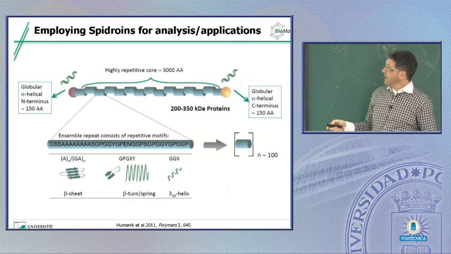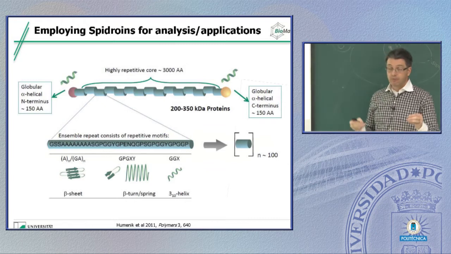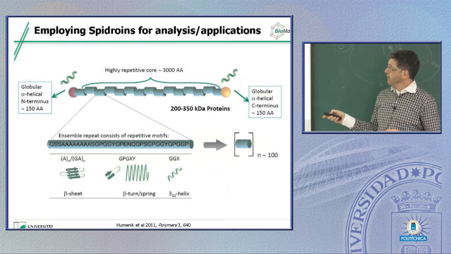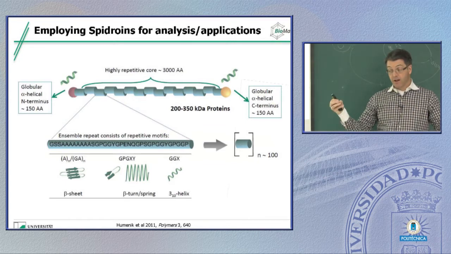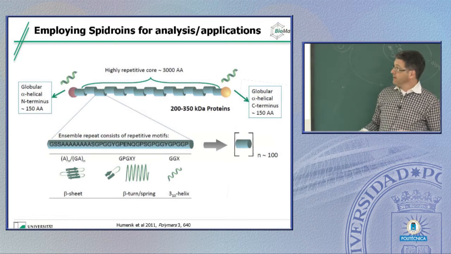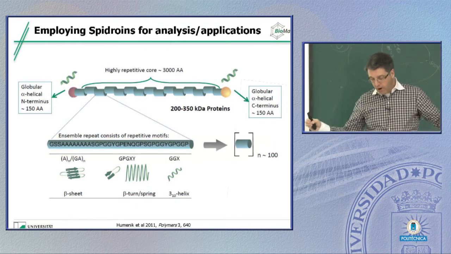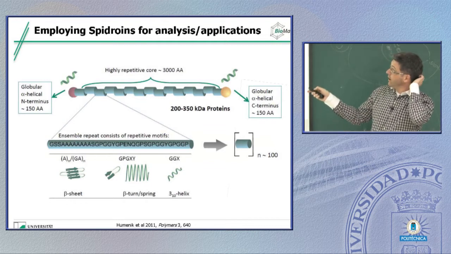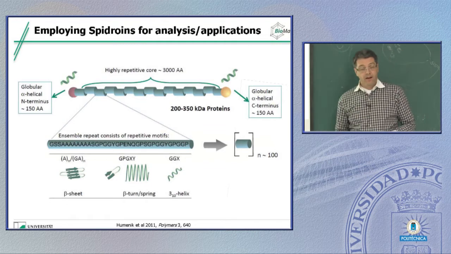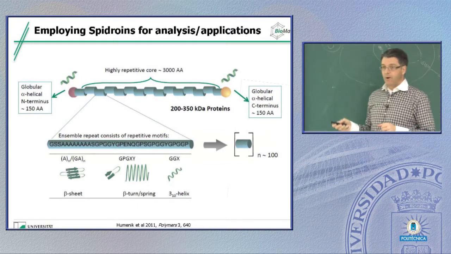And this is because we have a lot of amino acids that interact with water very well. A lot of glycines, serines, prolines that break up structure. It's the combination of the amino acid sequence, the primary structure, that makes this core sequence so well dissolved.